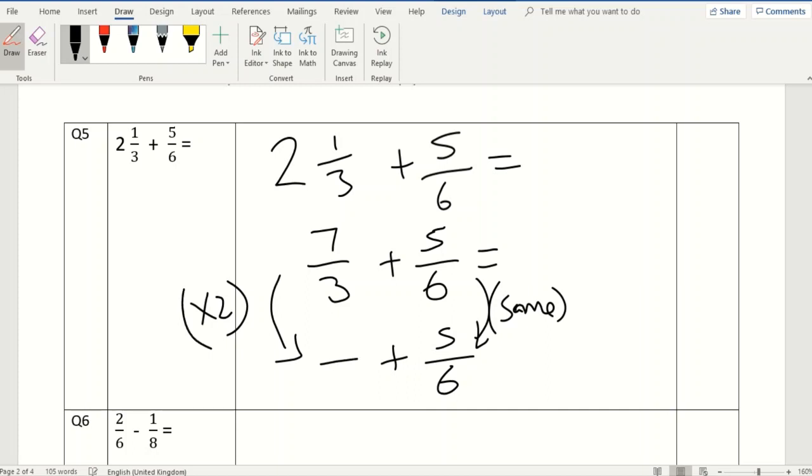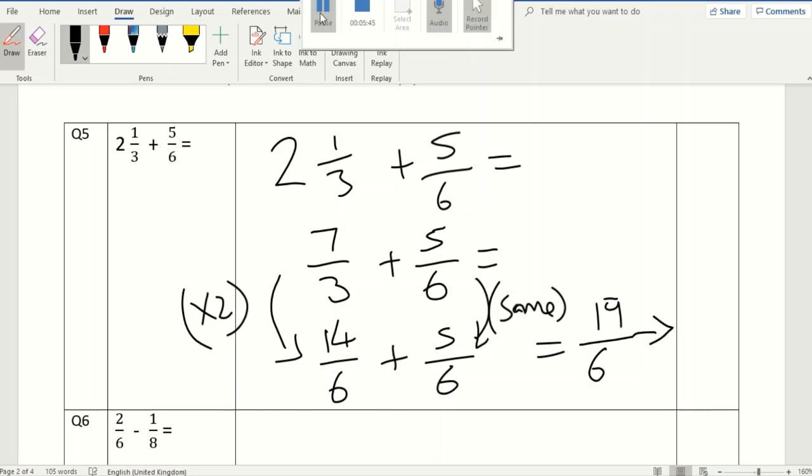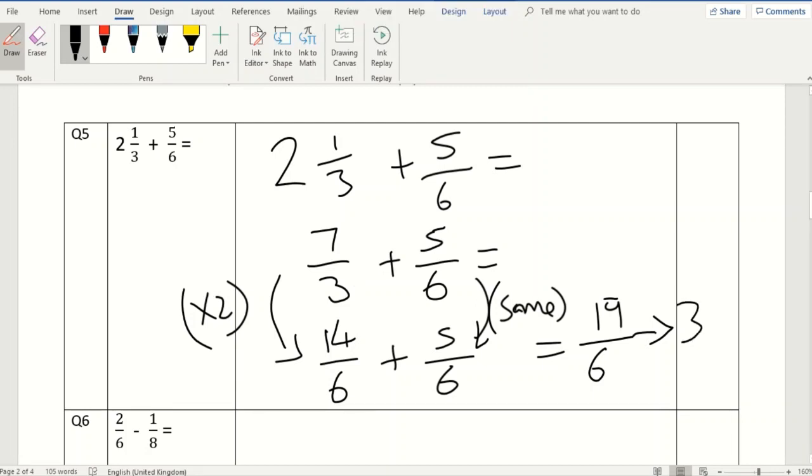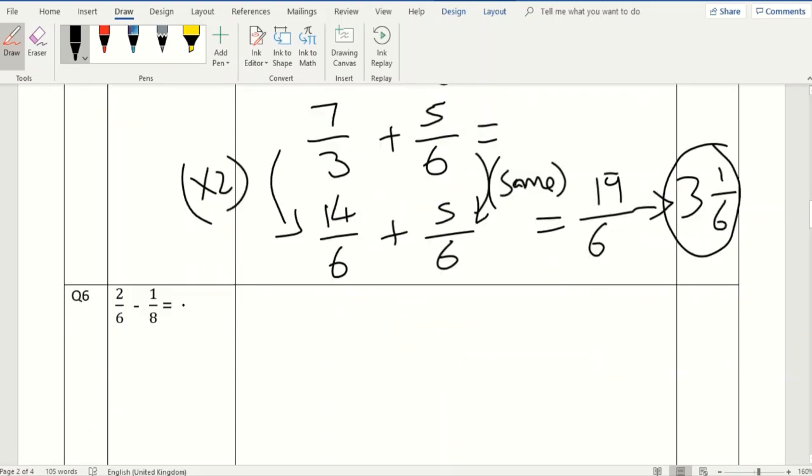It's going to give us 6 at the bottom. 7 times by 2 is 14. Now we can add those together. 14 plus the 5 is 19/6. Now, if we cancel that down, 19 divided by 6 is 3, so 3 6s are 18, and we are left with 1, and the denominator stays the same, 1/6. So the final answer is 3 1/6.